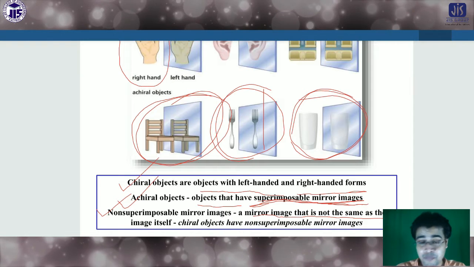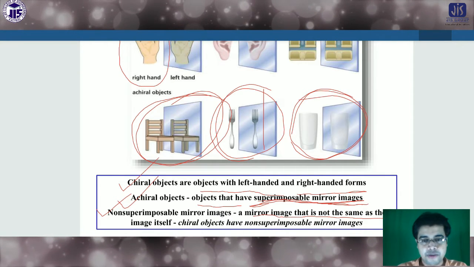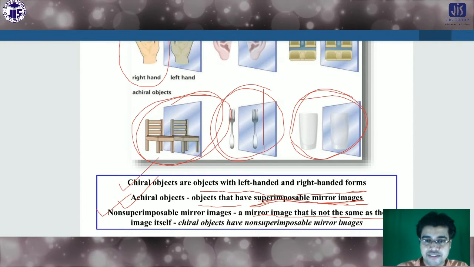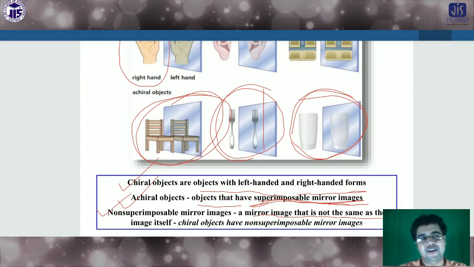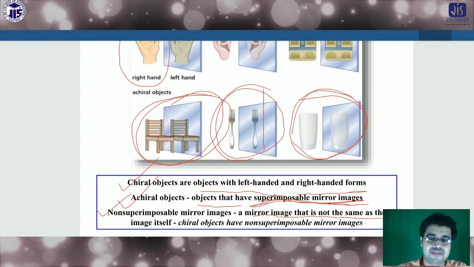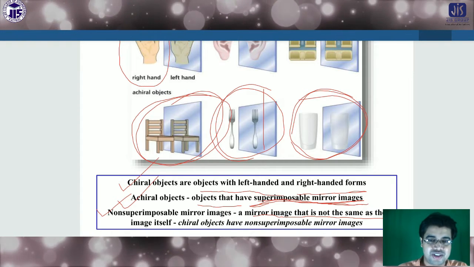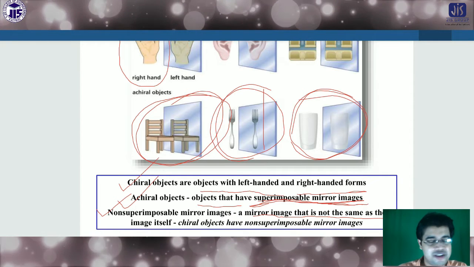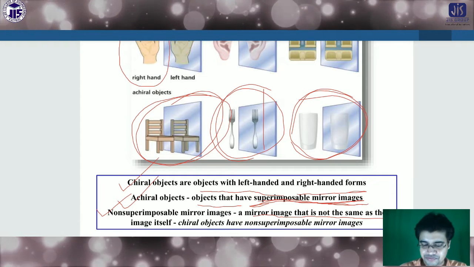Non-superimposable mirror image is another indication of a chiral molecule, because chiral molecules generally have a non-superimposable mirror image relationship. So you have to keep in mind which is the non-superimposable mirror image and which is the superimposable mirror image.